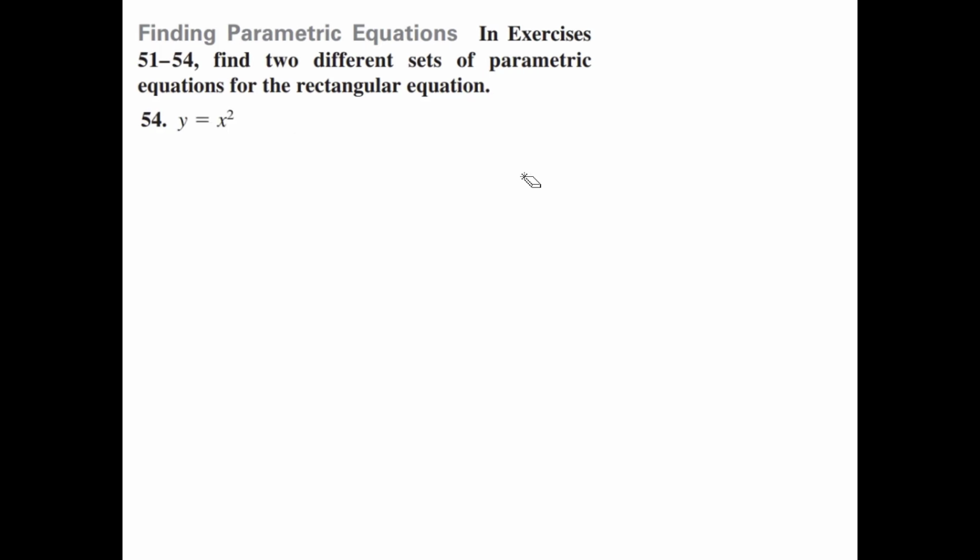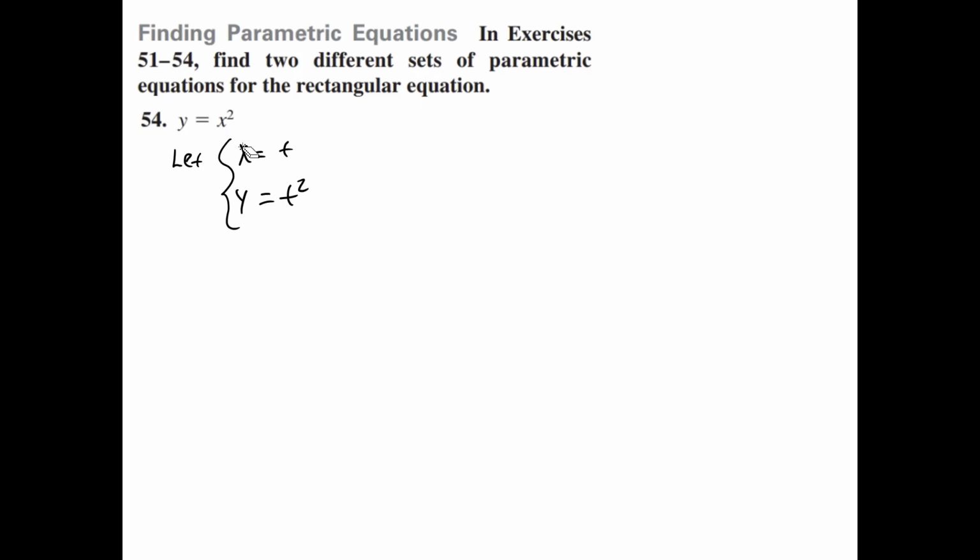So again, no need to overcomplicate things, but we can let x equal t, and then once we do that, y is just t squared because x can be replaced with t. And there are your parametric equations.